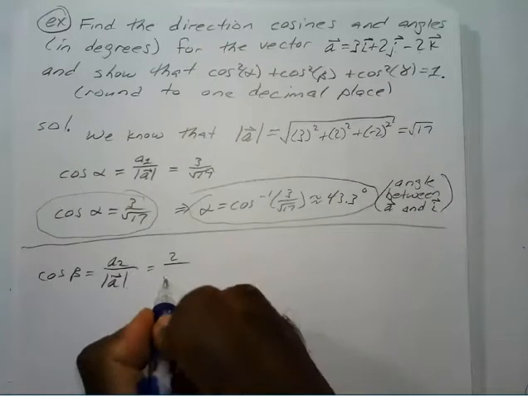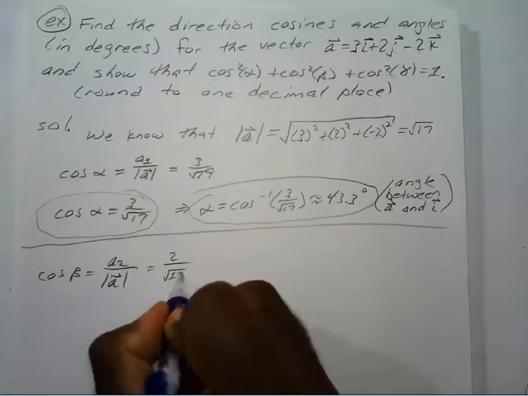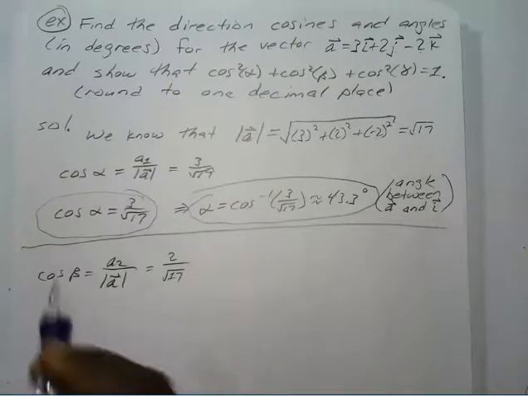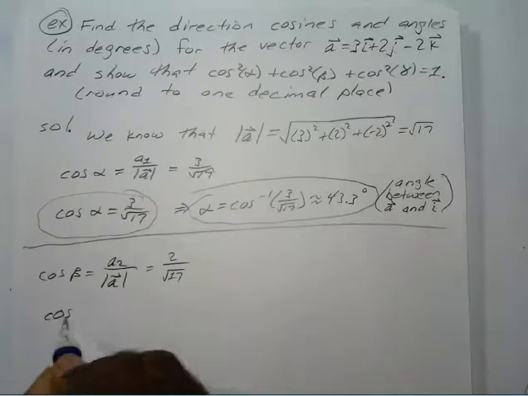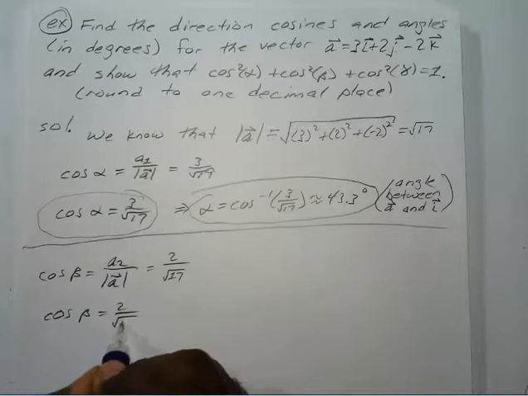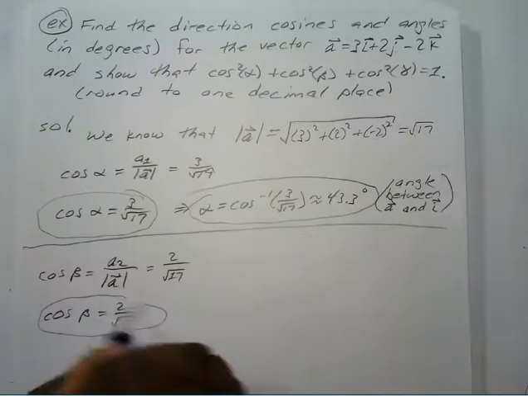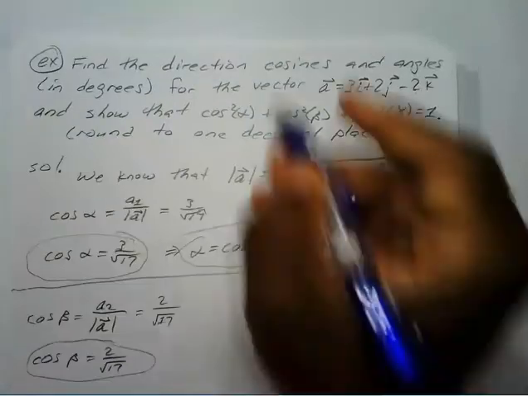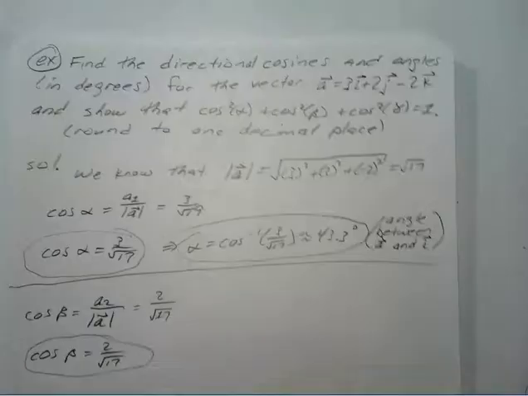That's 2 divided by square root of 17. Okay, so we know here that cosine of beta is equal to 2 over square root of 17, which is our directional cosine. Oh, that should be directional cosine. There.